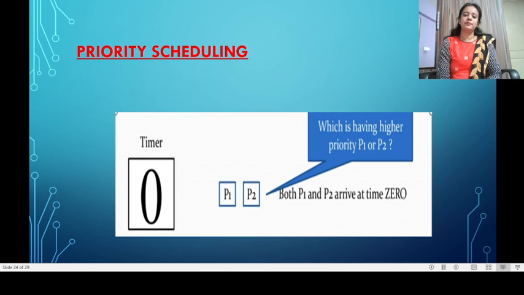If processes P1 and P2 came at the same time, and P2 has higher priority, it will be given a chance to execute by the CPU first. Till P2 finishes, P1 has to wait. Whichever process has higher priority is given a chance to execute by the CPU first.